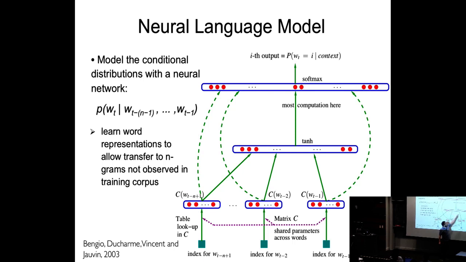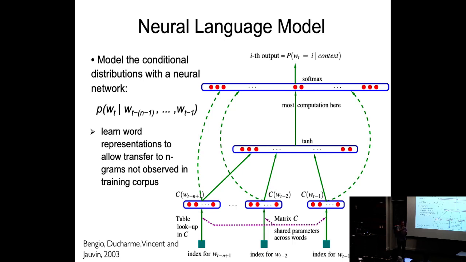You get some representation. So what is this representation? This is a representation of the overall context, right? What you've seen so far. And then based on this tanh representation, you have a softmax for predicting the next word. So it's almost like a classification problem where, if your vocabulary is of size, let's say 10,000, then you're solving a 10,000-word classification problem, right?